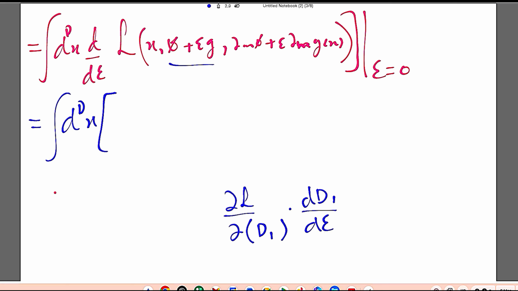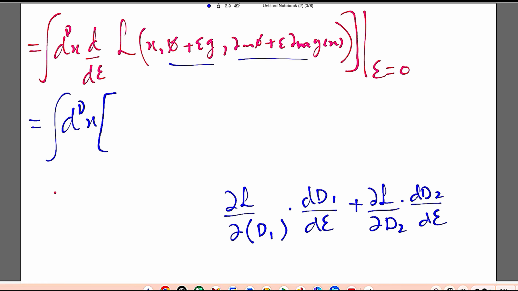That is the rule that we will follow, plus the partial derivative of the Lagrangian with respect to the second dependency that contains e, because we are actually doing it for d by de of the Lagrangian. So this is d2, the second dependency, and the derivative of the second dependency with respect to e.